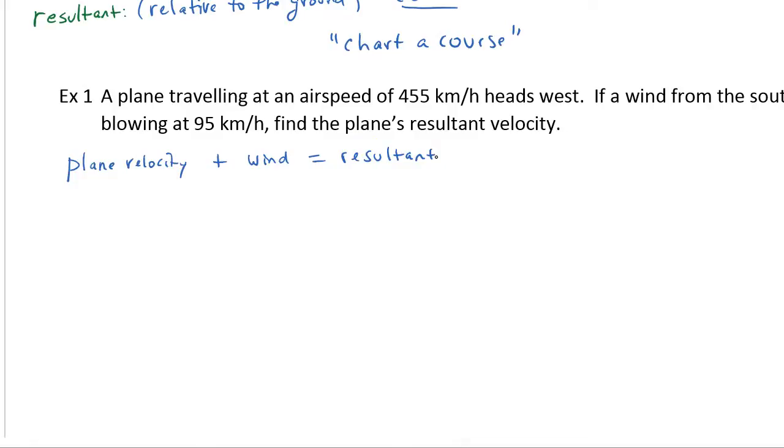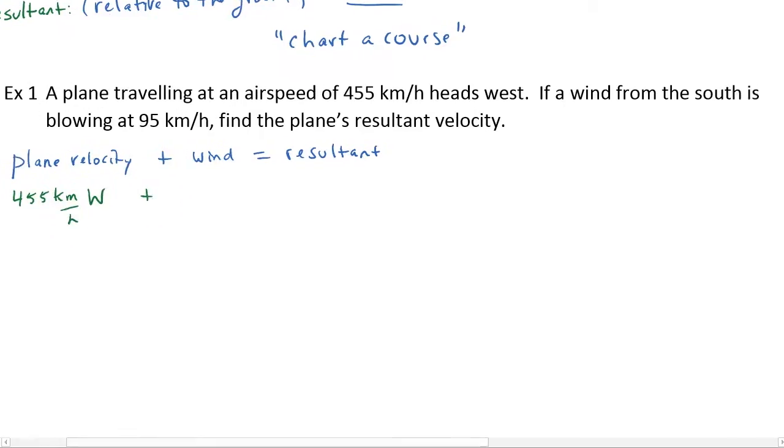We're going to add them like vectors. So the first one is an airspeed of 455 kilometers per hour, which is exactly what we want, so we'll put 455 kilometers per hour west in there. Plus, a wind from the south.